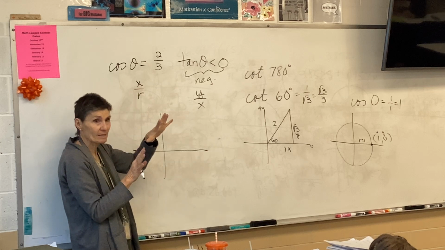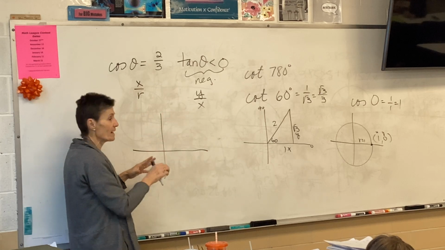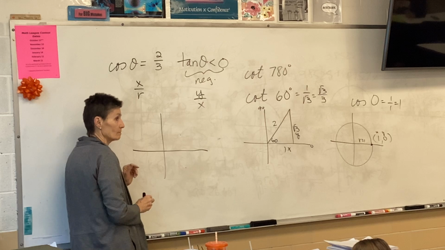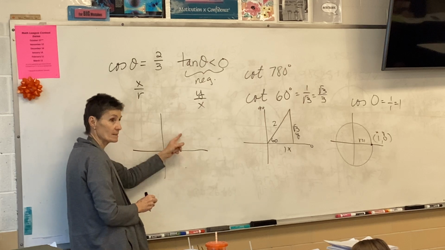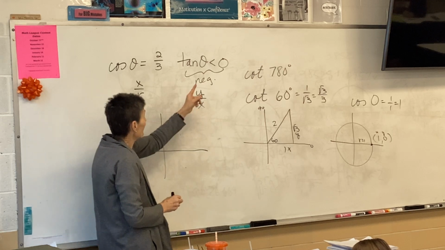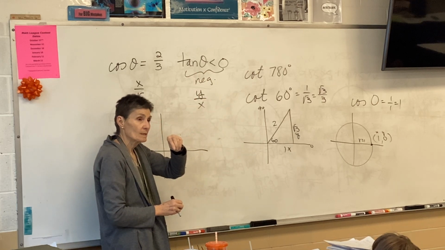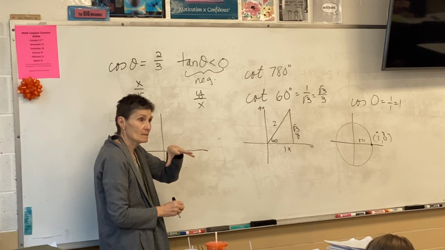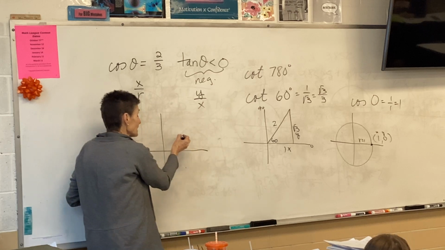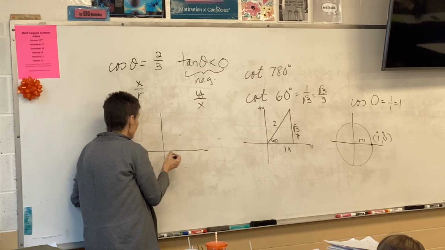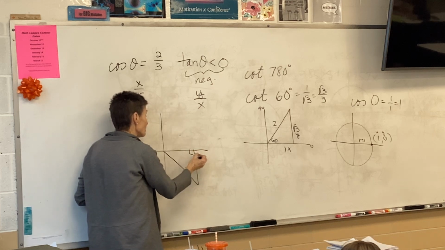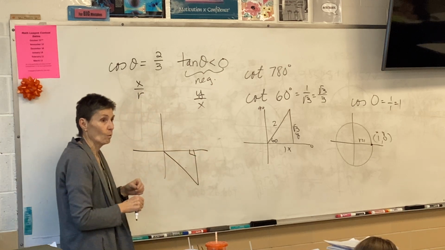So X is positive. That narrows it down, I'm either here or here. But the tangent is negative. Is anything negative up here? So your picture has got to be in quadrant 4.